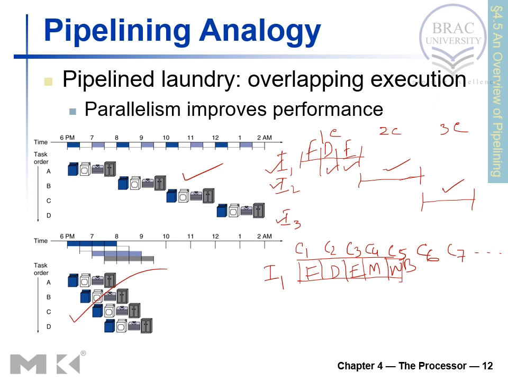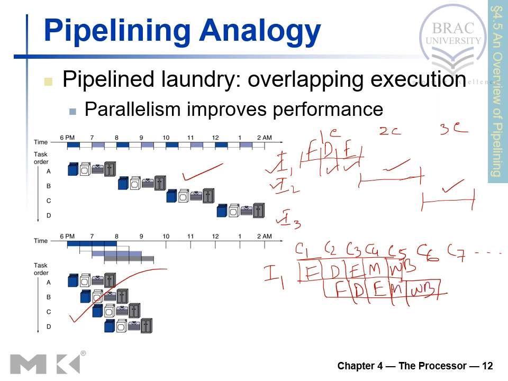Now after clock cycle C1, instruction 1 finishes its fetch stage and enters the decode stage. That means the hardware involved in the fetch stage is free. So we can start executing another instruction here: fetch, decode, execute, memory, and then write back.